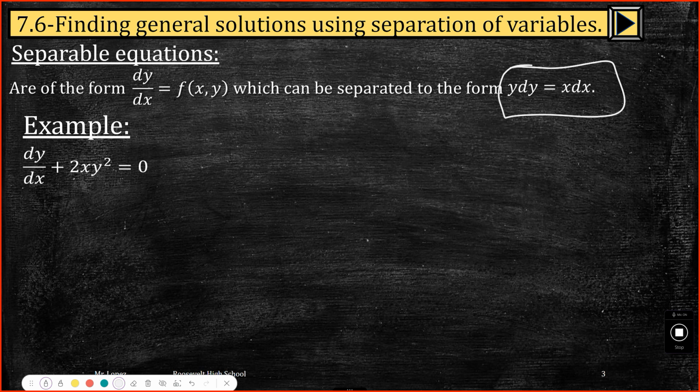What would be step one of getting it to this form? Any ideas? Move the whole thing over. No, you couldn't do it right now. Move the whole thing over that way. Let's do that. Let's move this over to the other side.